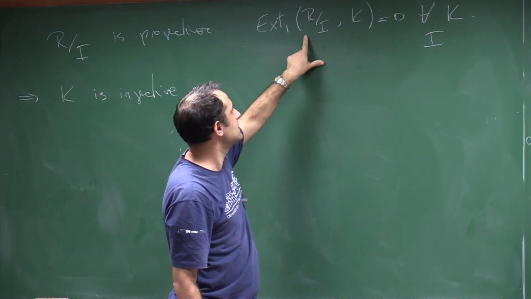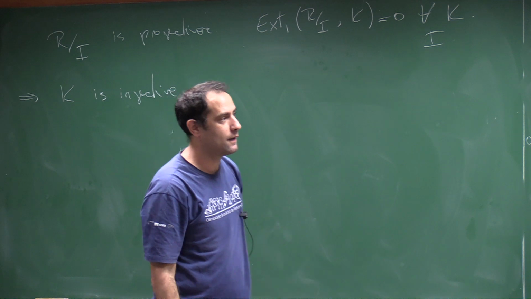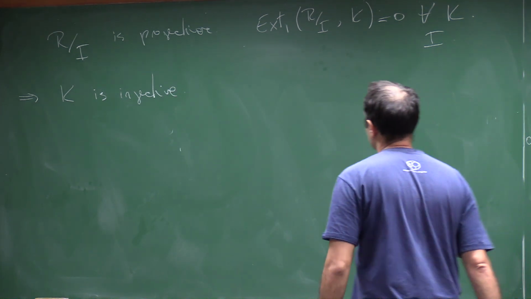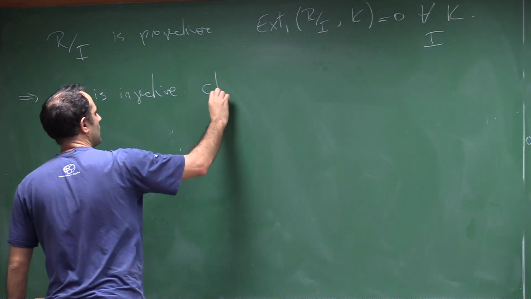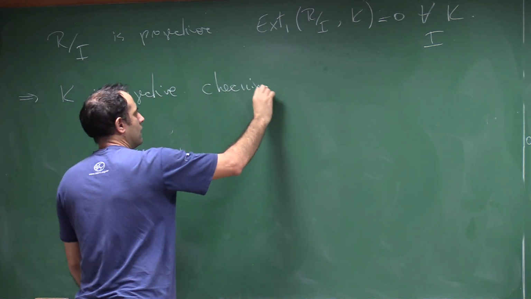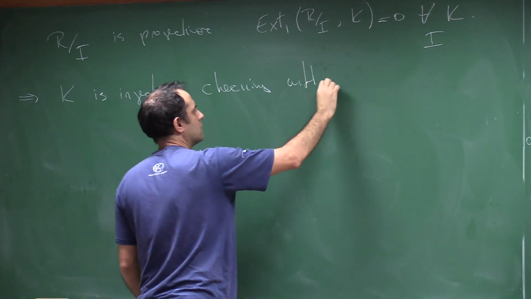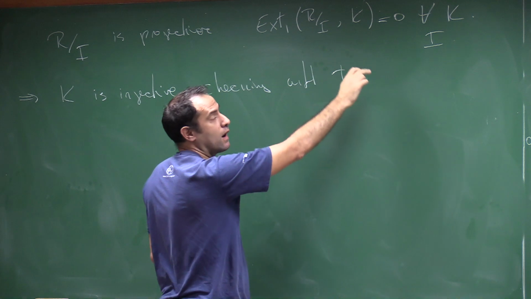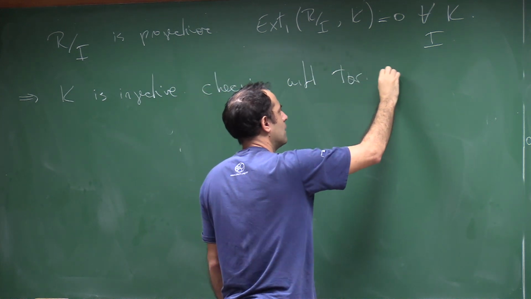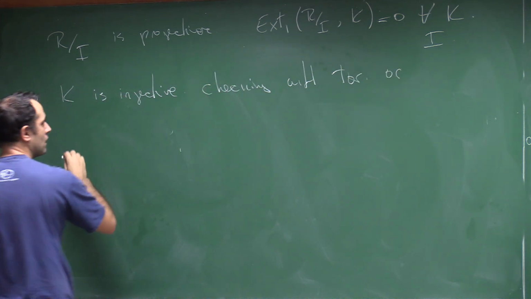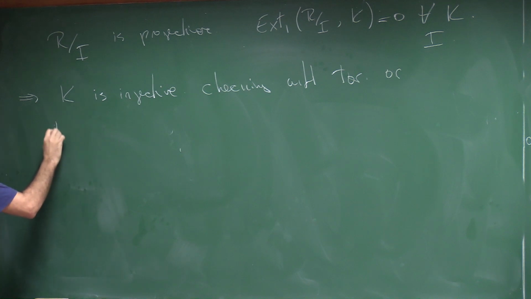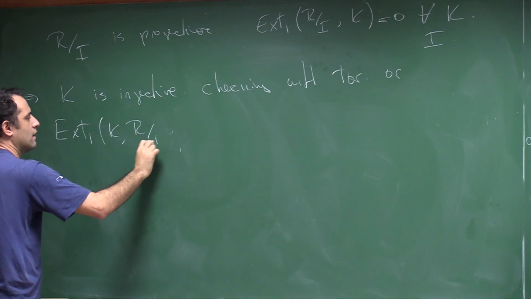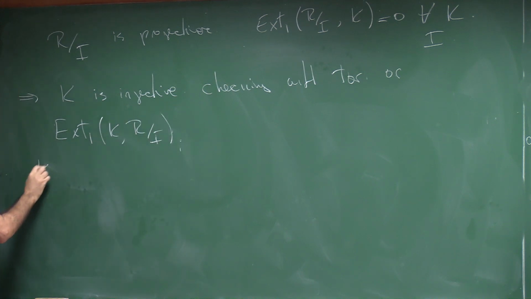Once I fix k, this tells me that this is injective. And now the same thing, I can just check for Tor, or just doing Ext^1 of k into R mod I, you get that every k is projective.